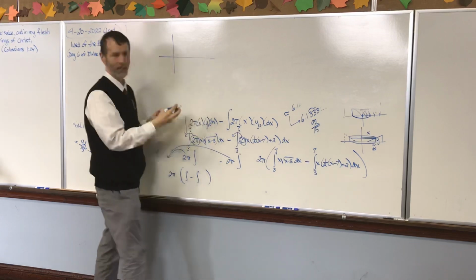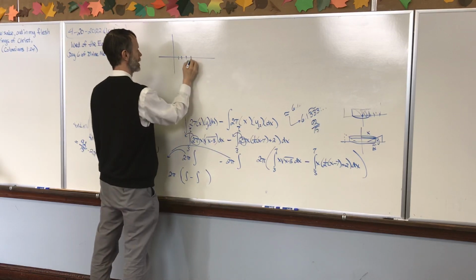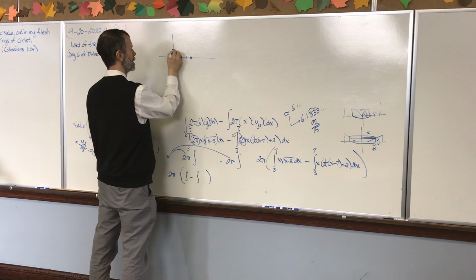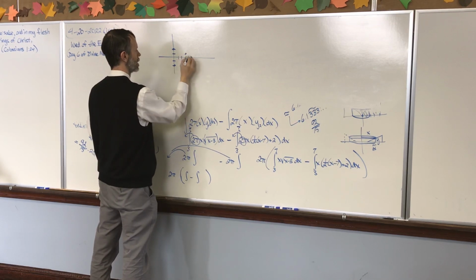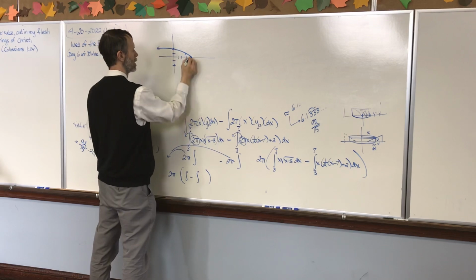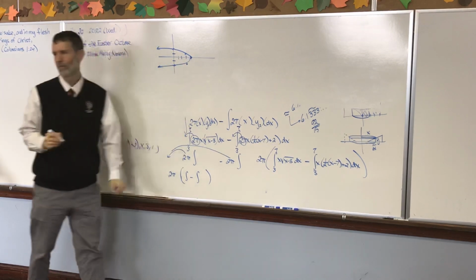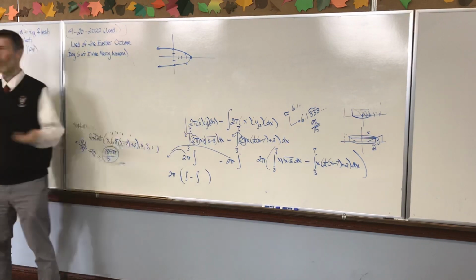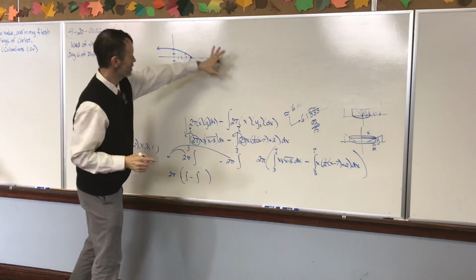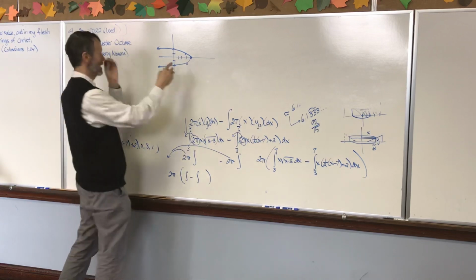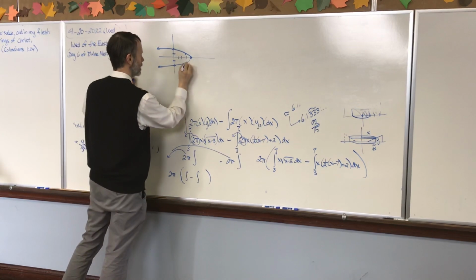X equals negative y squared plus 4 should go like this. Does that make sense? It's a lot like y equals negative x squared plus 4. It's raised up 4 spaces and then falls down. Over 1, down 1, over 2, down 4, and so on.